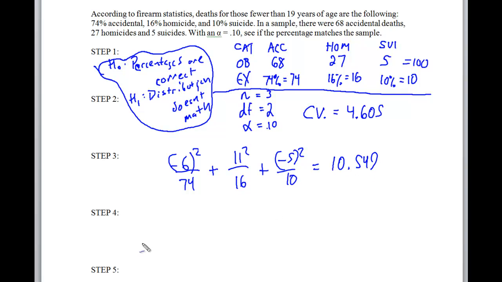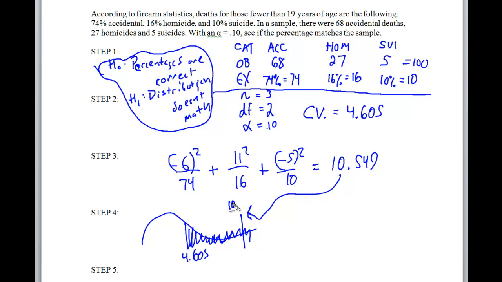10.549. In our right tail test, wow, that's a horrible tail. It really does look like a whale. The critical value is 4.605, and we got 10.549. So whatever sample we got here, this is definitely inside the critical region.